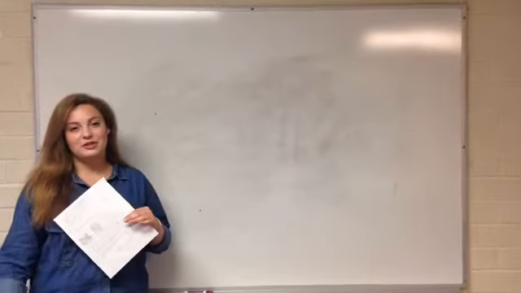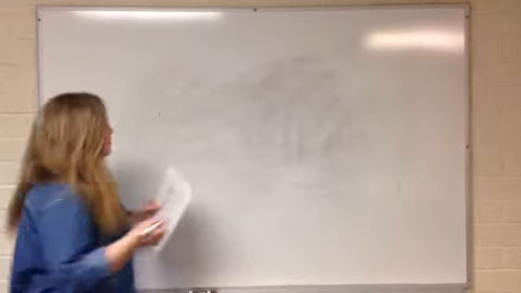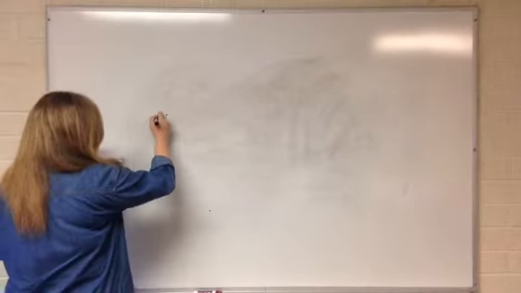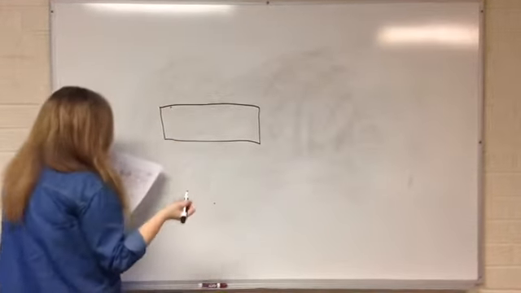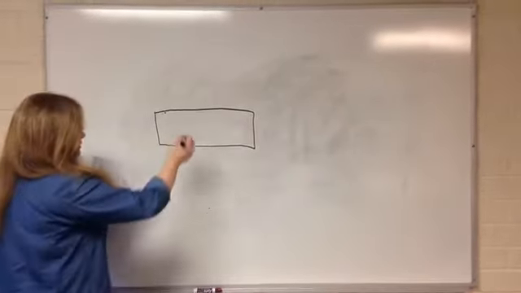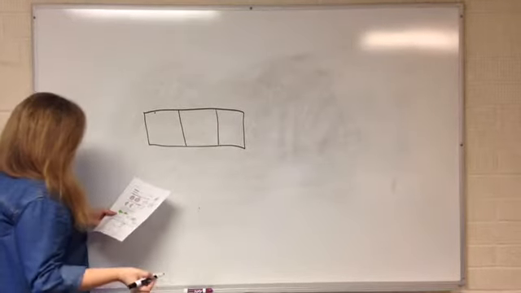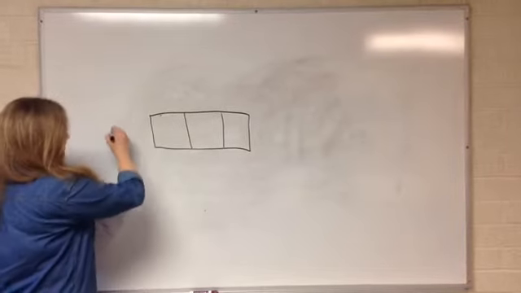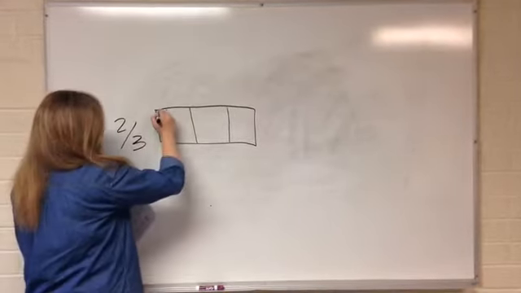Okay, so now we're going to do another diagram. So imagine you have 2 blocks. And here's 1 block, so we're going to break it up into thirds. And you want to shade in 2/3 of this block. So you'll be shading in 2 out of the 3 pieces.